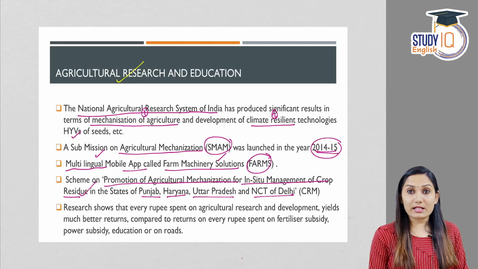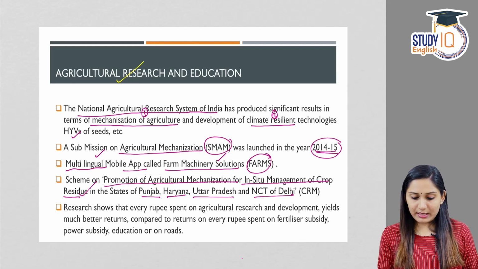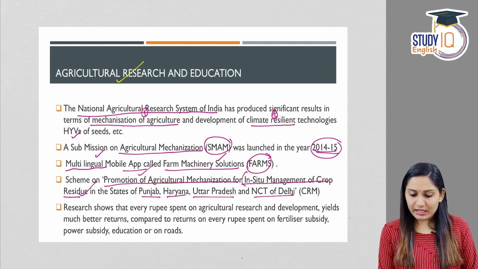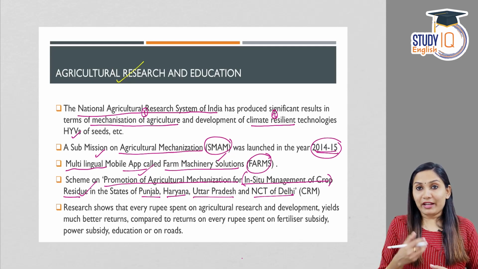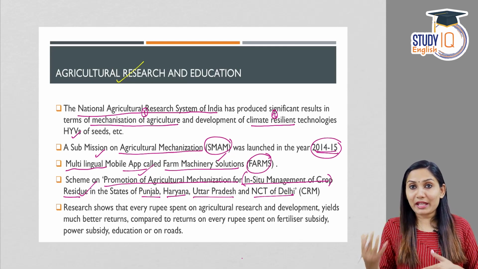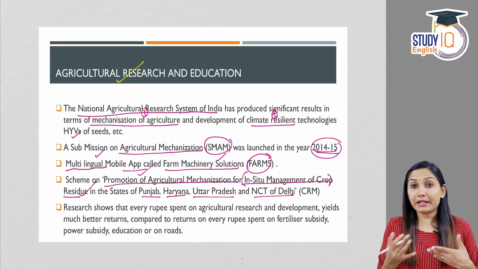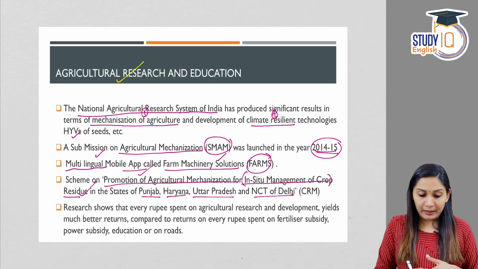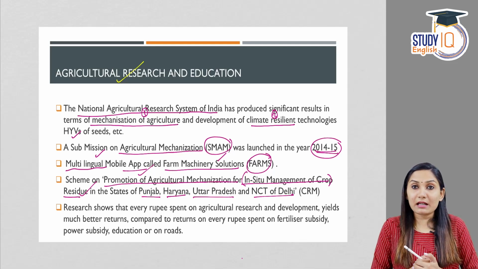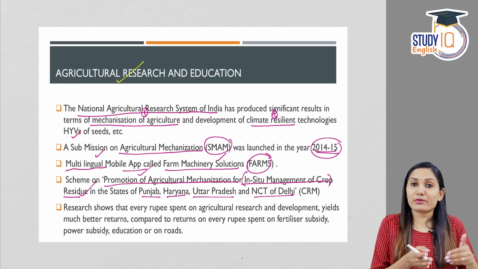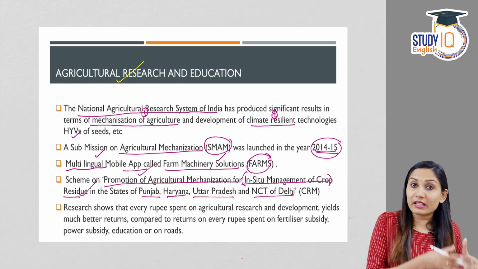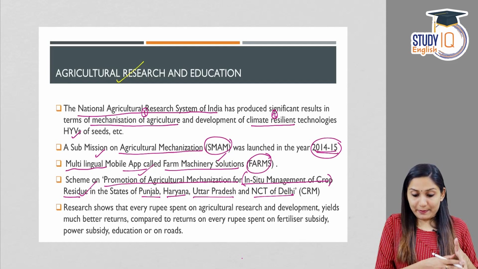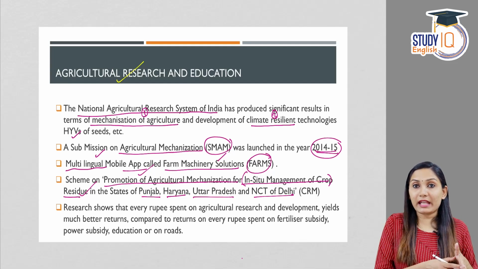Why? Because crop residues are burned, creating an environmental impact, especially polluted air. The scheme promotes machines for in situ management, which means within the site or the farm itself, especially in the states of Haryana, UP, Punjab and NCT.